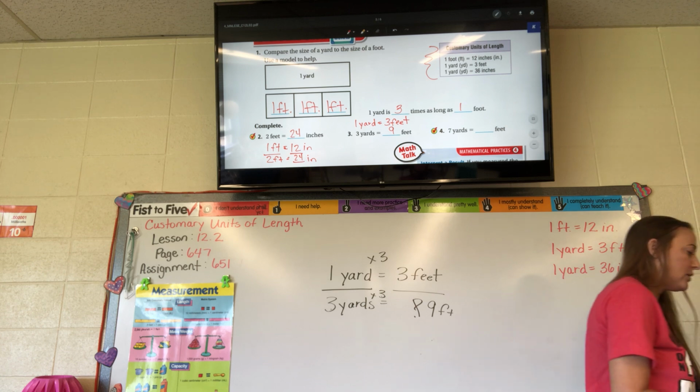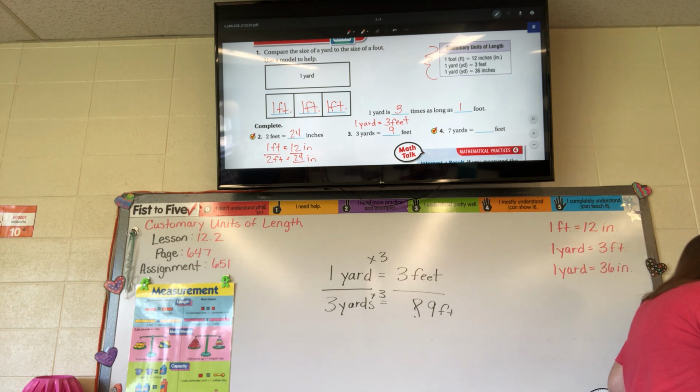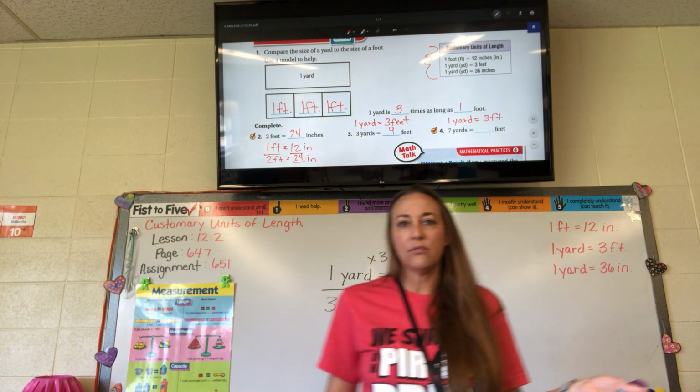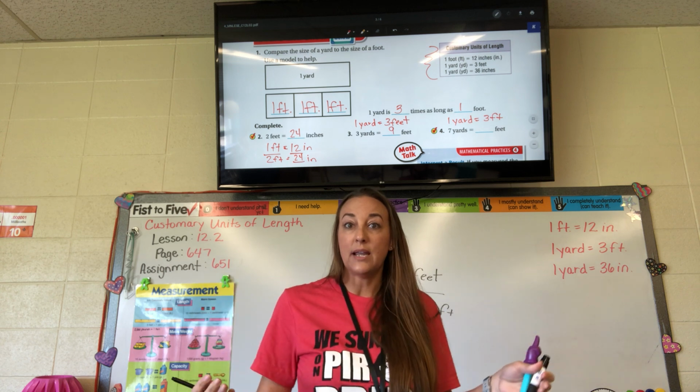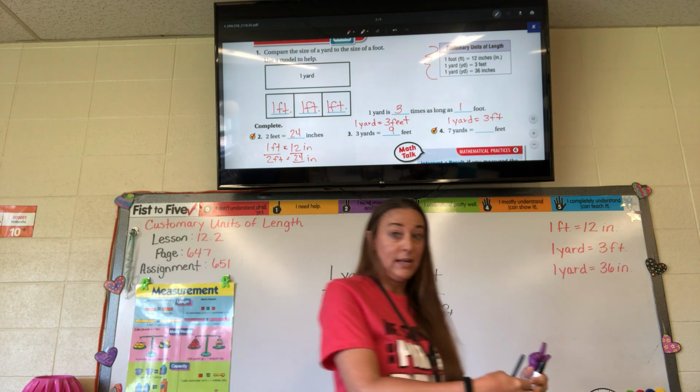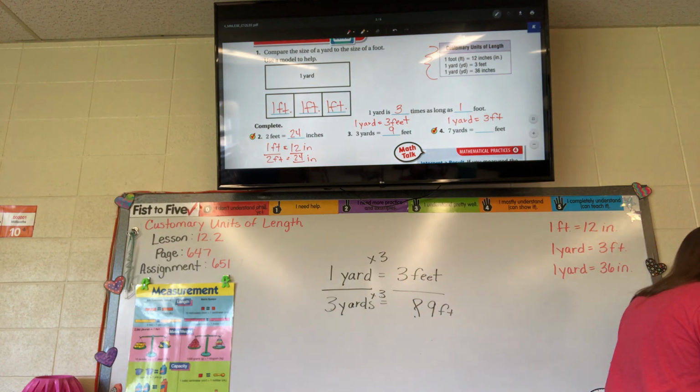Okay, here we have yards and feet again. And we know that 1 yard equals 3 feet. And what do you multiply 1 times to get 3? And that is 3. So if we have 7 yards, multiplied times 3 would be 21. So 21 feet.